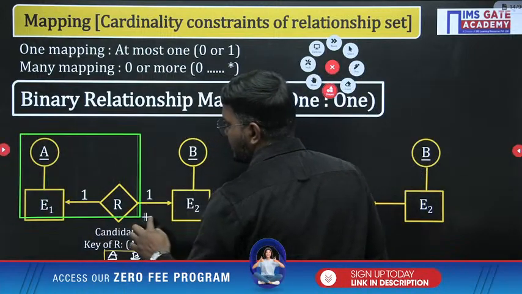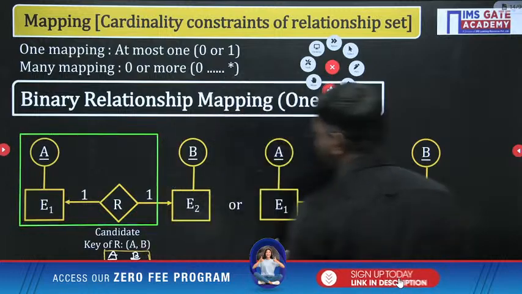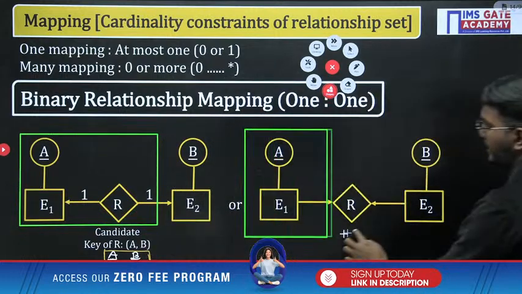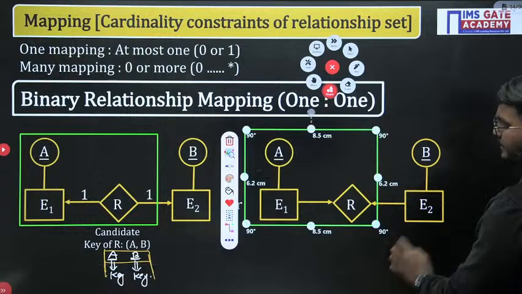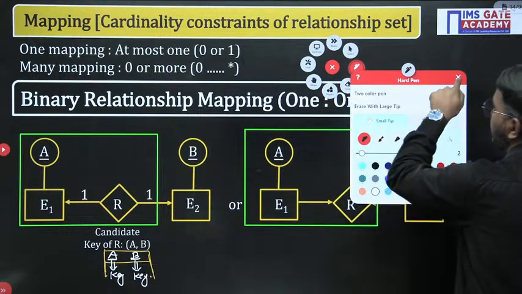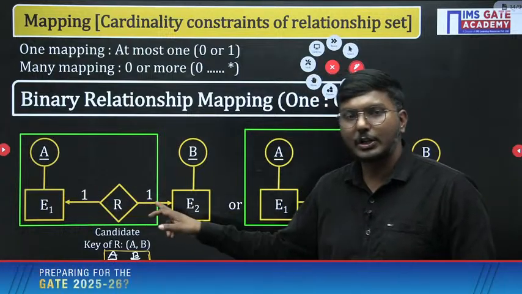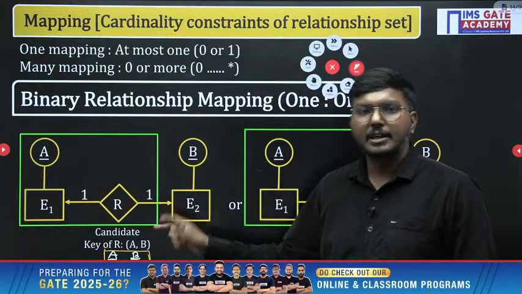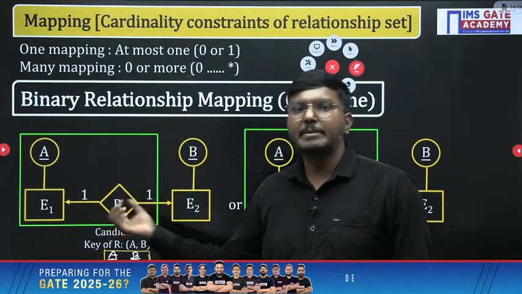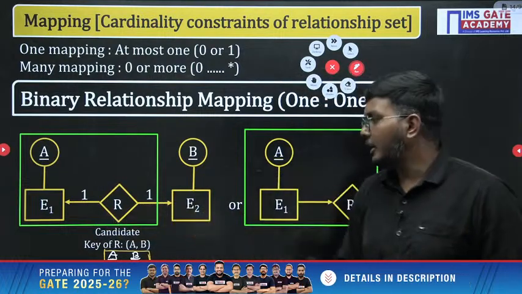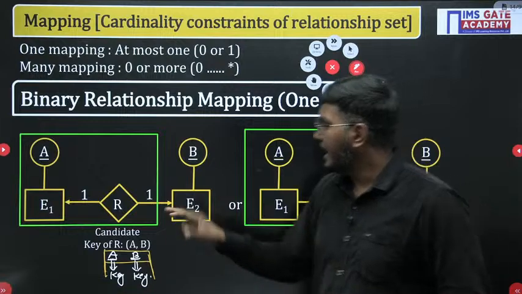So this will be merged towards the E1 side. Similarly here, this is just a different representation towards the E1 side. So if the mapping is 1 to 1 with partial participation on both sides, we will get two RDBMS tables and one foreign key.